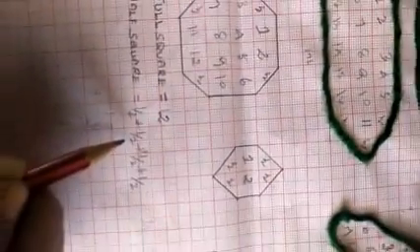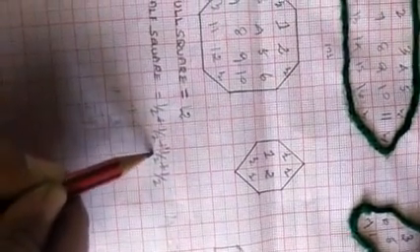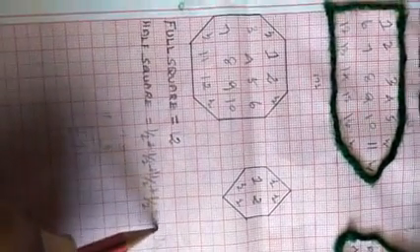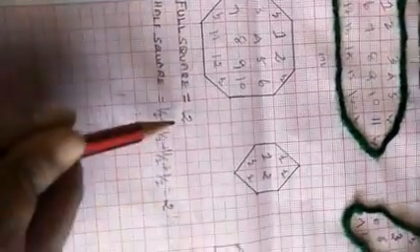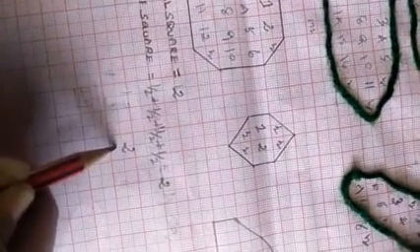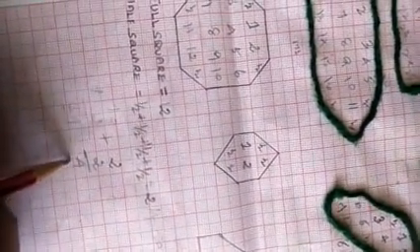Half plus half is 1, plus half is 1 and a half, plus half is equal to 2. Already we have full squares as 2. Again here we get 2. So 2 plus 2, 4.